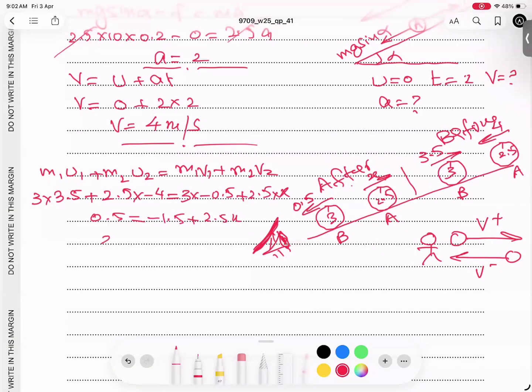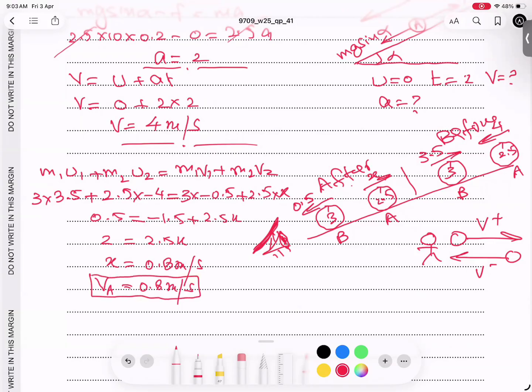And here I got 2, and 2 divided by 2.5, I'm getting 0.8. So the velocity of A after collision is 0.8 meters per second. This is a very, very clear idea.